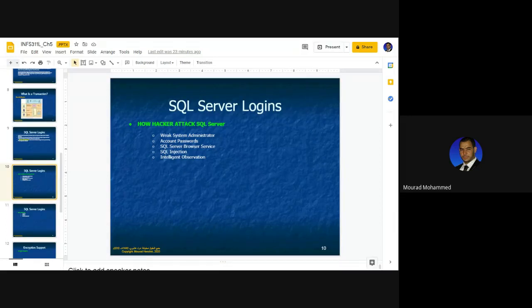Since a user or a candidate can have a direct connection to the resource over a public network, for example the internet, this channel can lead to an attack on the SQL Server. This is the first way: if the connectivity is remote and over a public network, this direct connection can lead to an attack on the SQL Server.